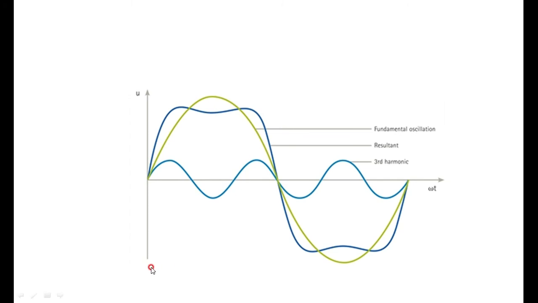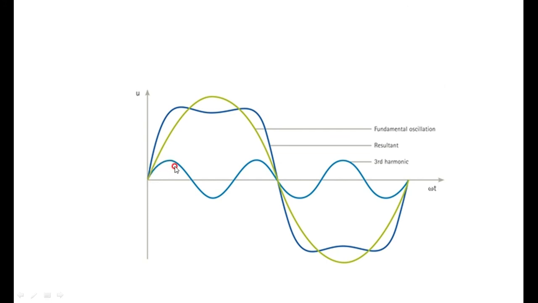Before that, this is our non-sinusoidal waveform, which is symmetric, meaning the positive cycle and negative cycle are the same. Out of this main waveform, we extract one pure sinusoidal component with the same frequency as the original waveform. It is called the fundamental component of this waveform.